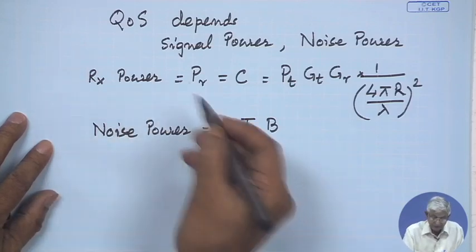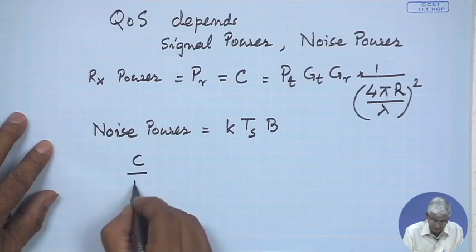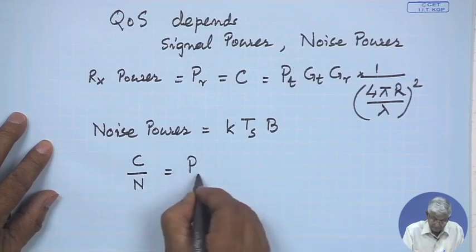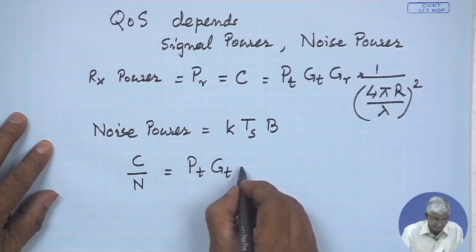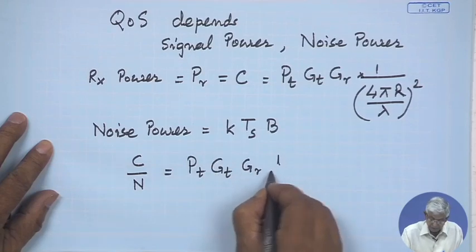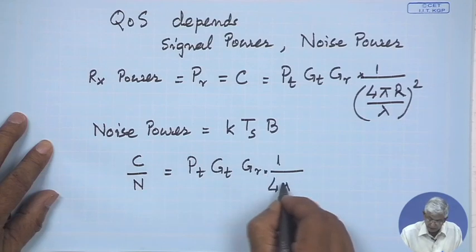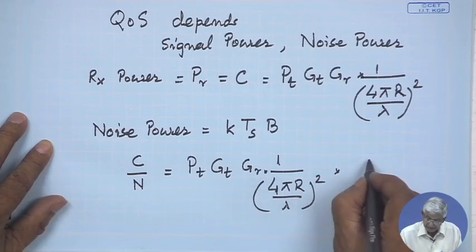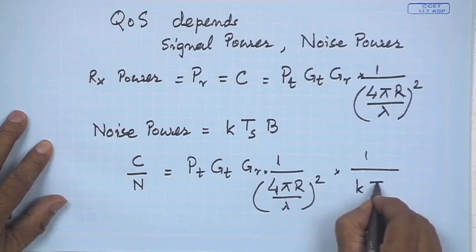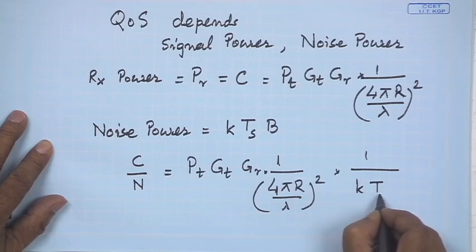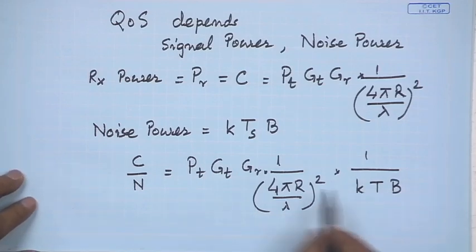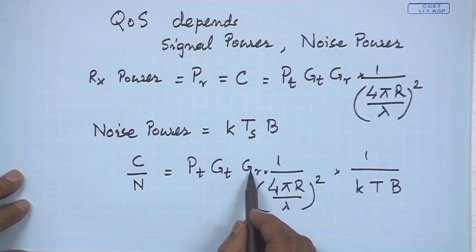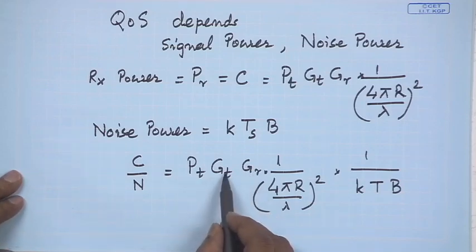So, signal to noise ratio or carrier to noise ratio, here we commonly use carrier to noise ratio, is PT into GT into GR into 1 by (4 pi R by lambda) whole square, and N is K T B. In this case, instead of T S I am writing T. This T stands for system, receiver system noise. Remember, this GR is the receive antenna gain, not the receiver gain. GT is the transmit antenna gain, not the transmitter gain.